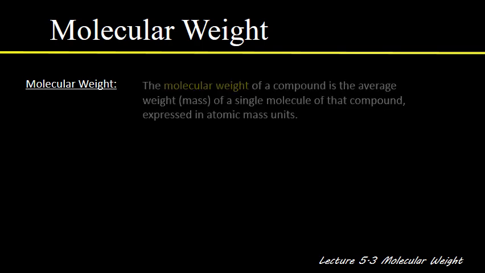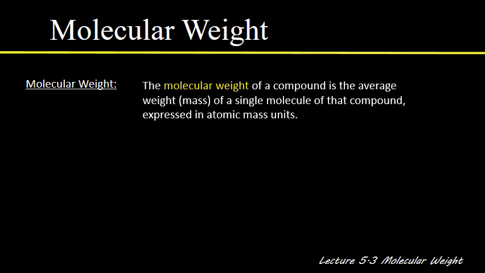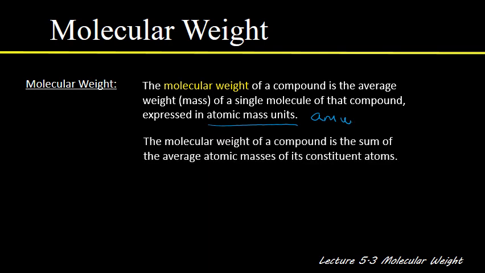Okay, so the molecular weight for a compound is the average weight or average mass of a single molecule of that compound, and molecular weights are expressed in atomic mass units. Remember from before, atomic mass units have the symbol AMU. So we can calculate the molecular weight of a compound just by adding up the average atomic masses of all of its constituent atoms.